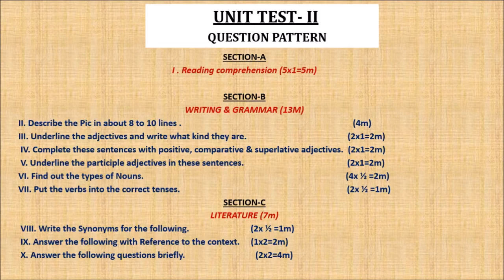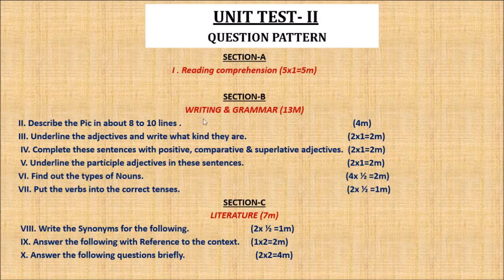It may be either a question form or a multiple choice form or in the form of synonyms or fill-ups. It may be any form, but unless you read carefully and understand the meaning of the passage, you will not be ready to answer those 5 questions, and each carries 1 mark. So 5 marks for section A.